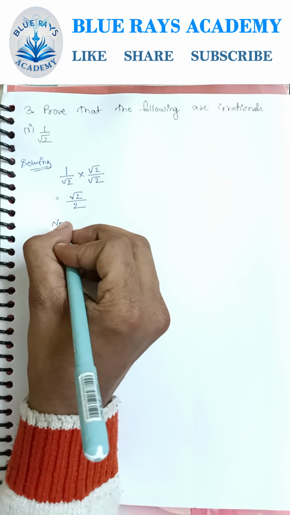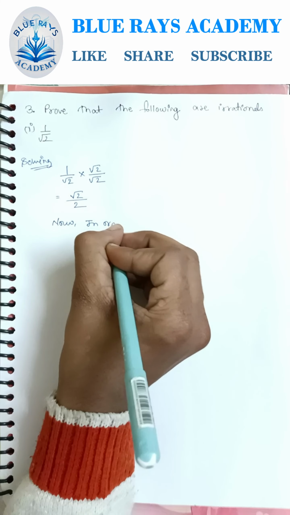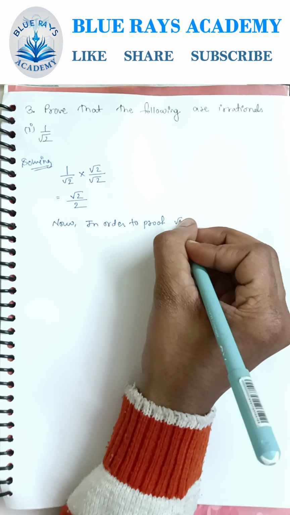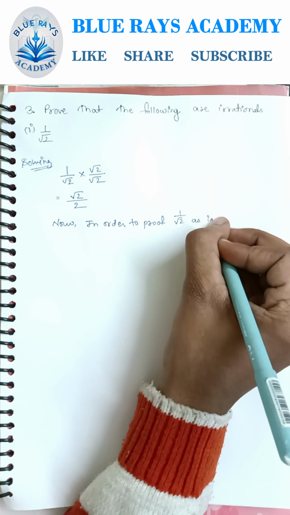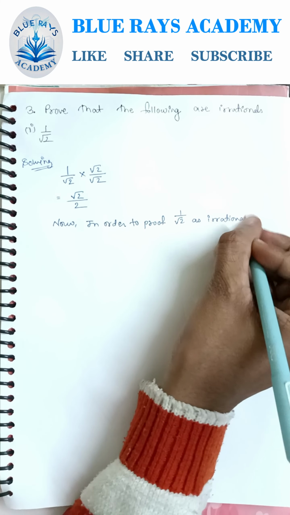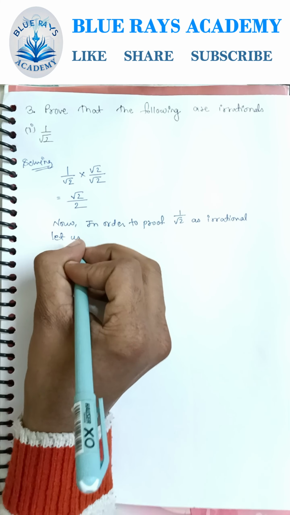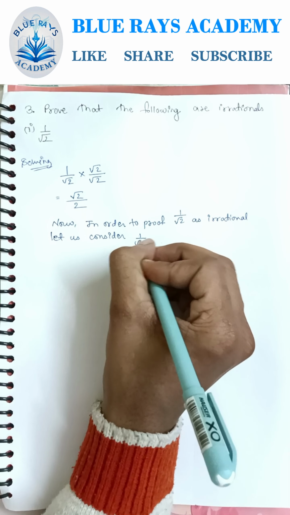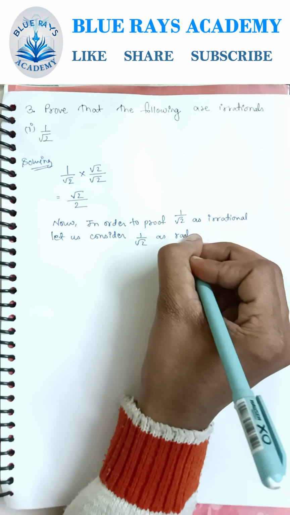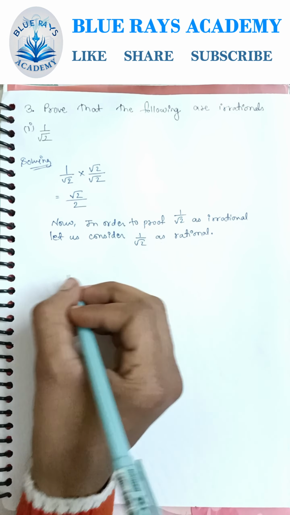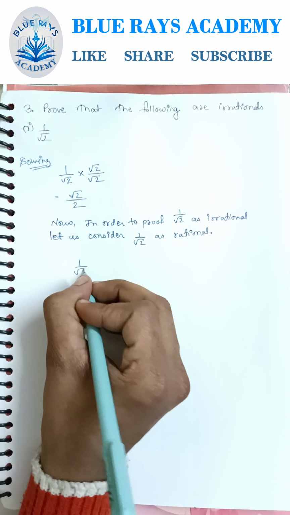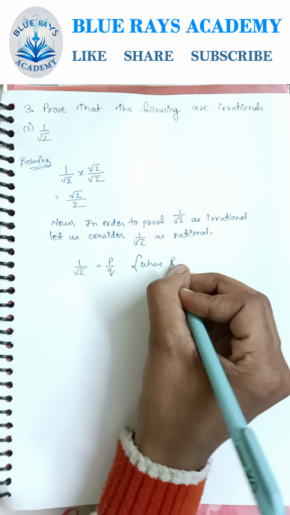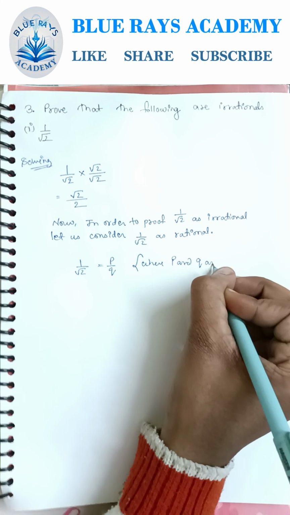Now, in order to prove 1 upon root 2 as irrational, let us consider 1 upon root 2 as rational. So, we can write 1 upon root 2 in the form of p by q, where p and q are co-primes.